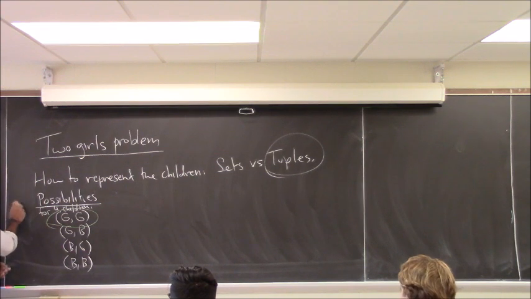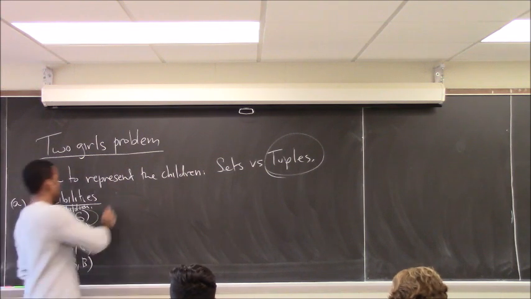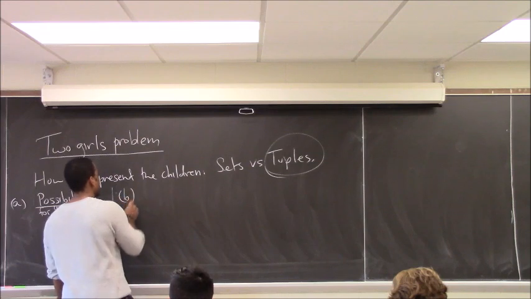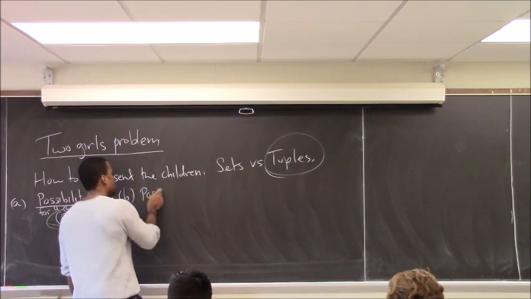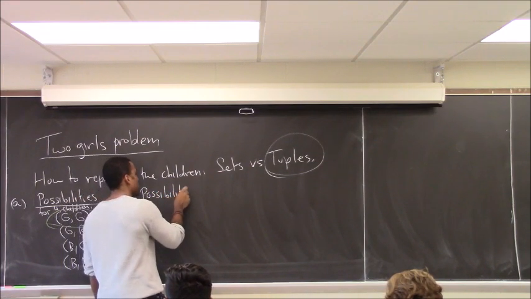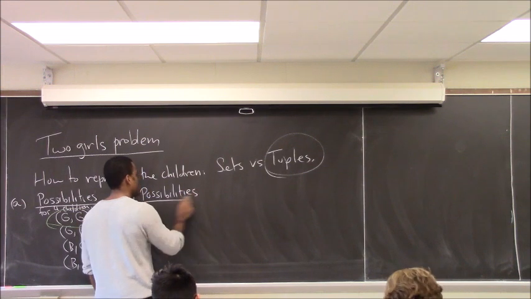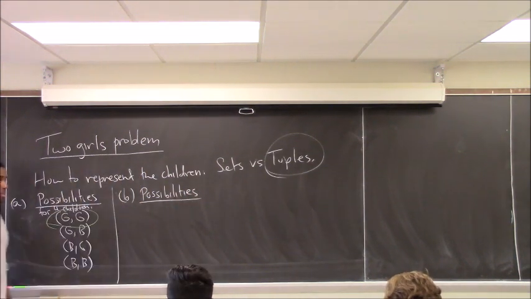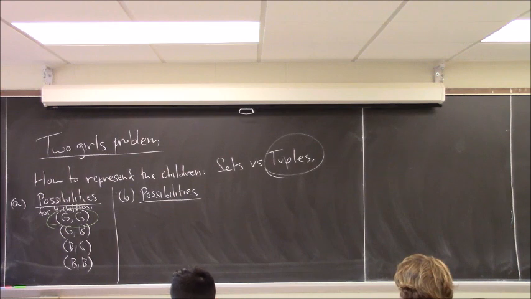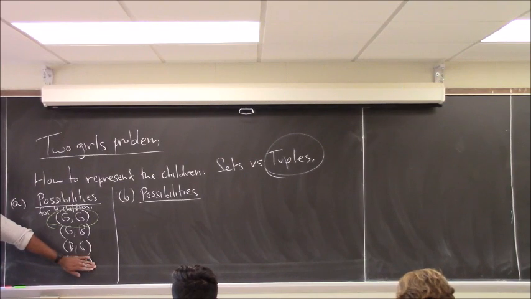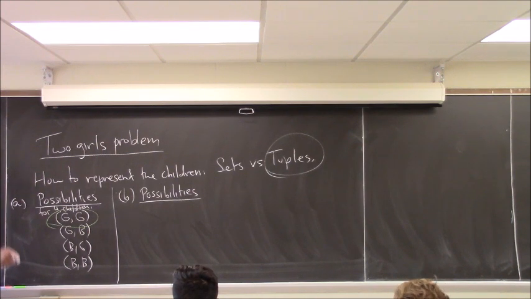So that was actually how part A worked out. What about part B? What are the possibilities here? So reread the problem and see if you can figure it out. There's no 2 boys. In the other situation, we said, you now know one is a girl.